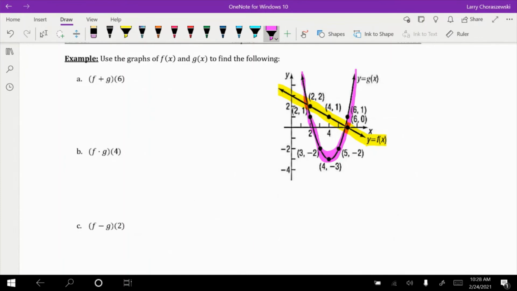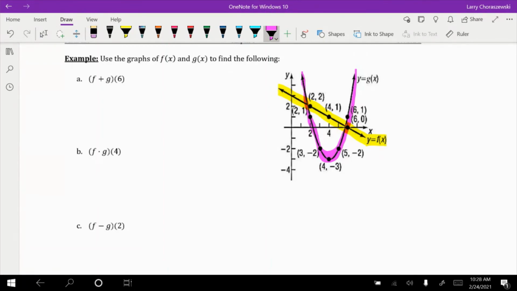Now, let me explain the concept here. So remember when we were reviewing those problems at the beginning of class, I mentioned how some notation would look if you're being asked to add, subtract, multiply, divide two functions. And we're actually seeing an instance of that in parts A through D of this example. But what's a little bit different than what I presented is that there are specific values of x this time.